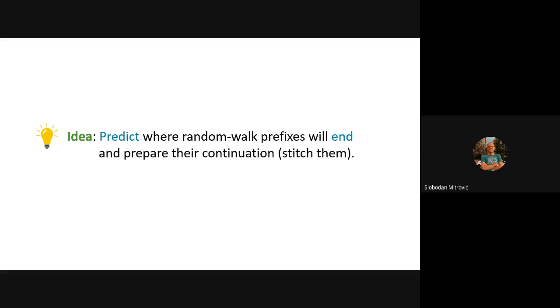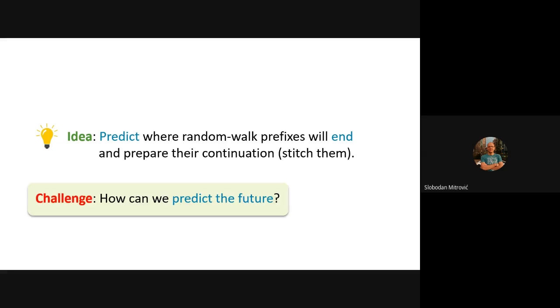Just think of it as having an entire walk and trying to chop it into several smaller walks and then stitch it back together. Again, the central challenge is trying to predict where these stitches should happen. And this in some way asks you to predict the future of these random walks that you still didn't generate. And this is the main challenge.